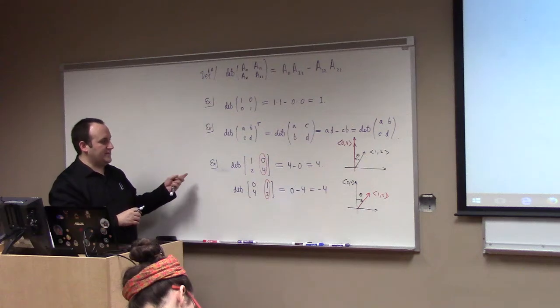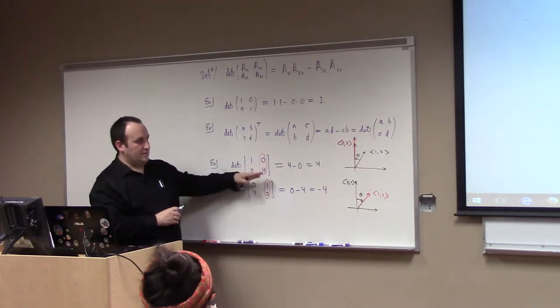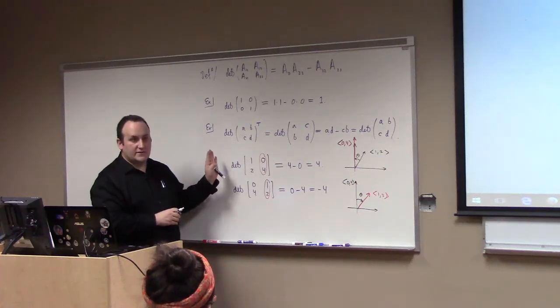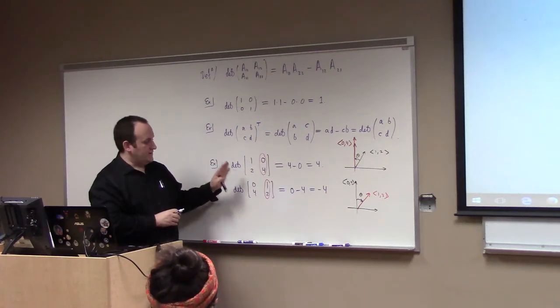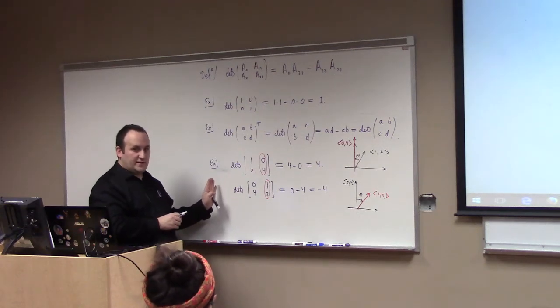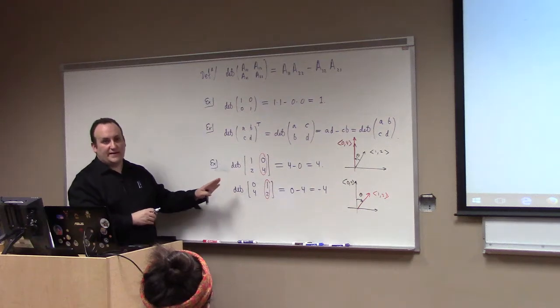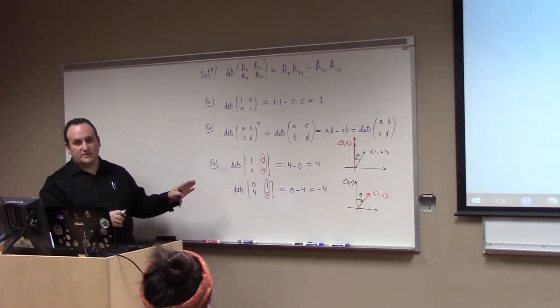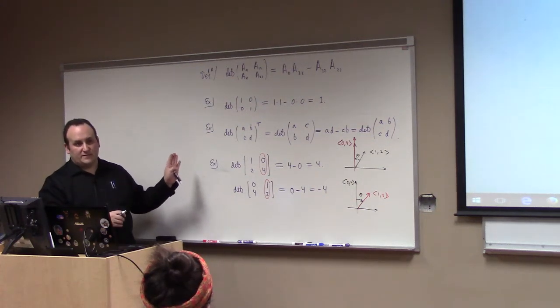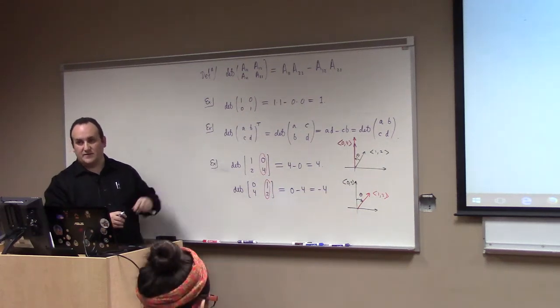When it's positive, it means that we get to the second column from the first by doing a counterclockwise rotation, whereas we get a negative sign when it's a clockwise rotation to get from the first column to the second column. So that's the significance of the sign of the 2 by 2 determinant. It tells you whether the columns are related, first to the second, by a counterclockwise, that's positive, or a clockwise, that's negative, rotation.